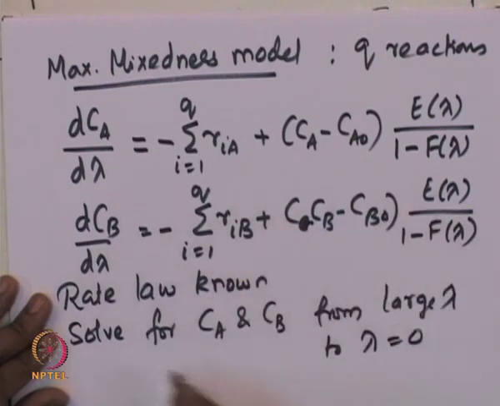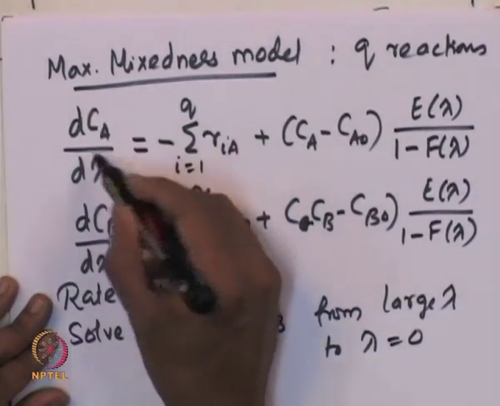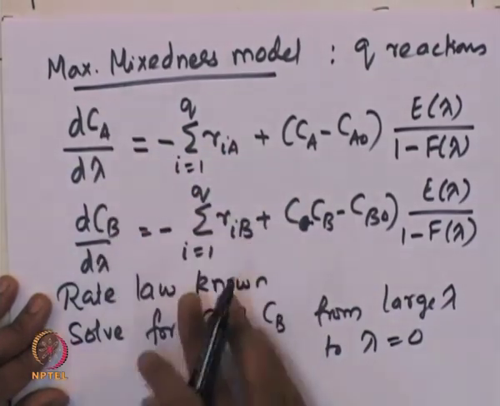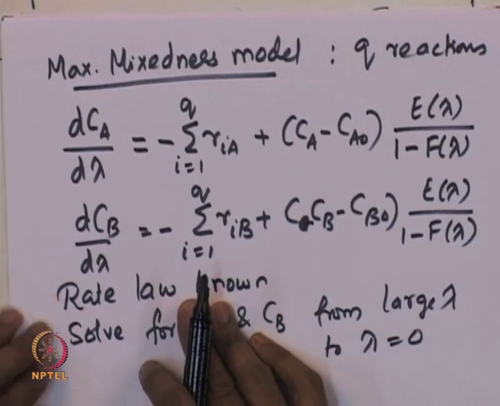Once we solve this, we will find the concentration of Ca and Cb as a function of different age. This set of equations can be extended to many other species. Even if n species are participating, one can write the maximum mixedness model for all n species, and similarly for the segregation model.